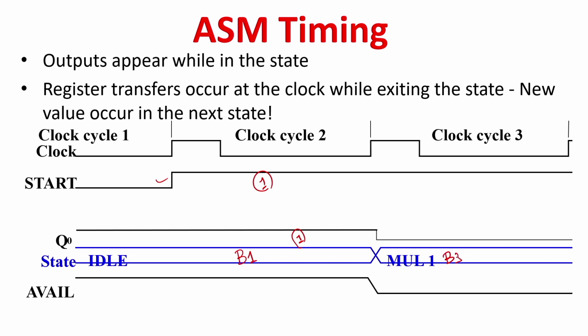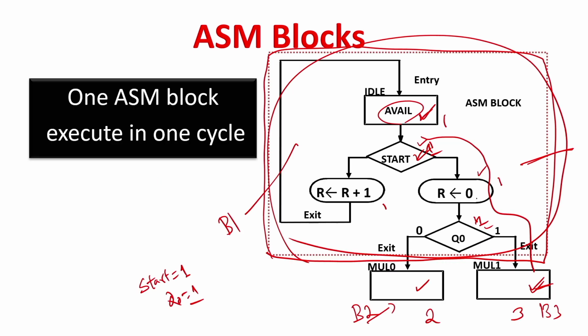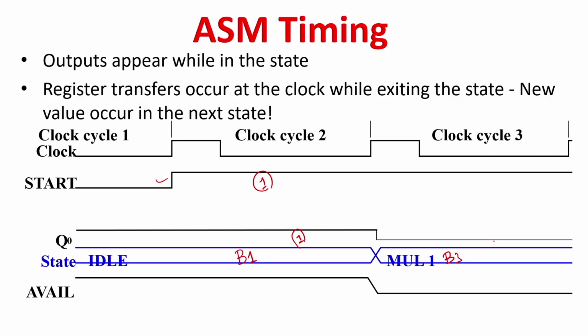Block 3 is mul 1, and the whole thing executes in one cycle. So, that is the beauty of the ASM block.